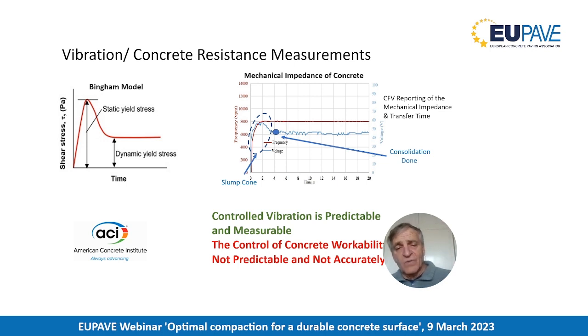So it gives you a lot of data. And so we look at that data and what it takes to keep that extrusion process or that flow of concrete going with vibration. And we can look at changes in that vibration and look at that flow line to see what those differences are.